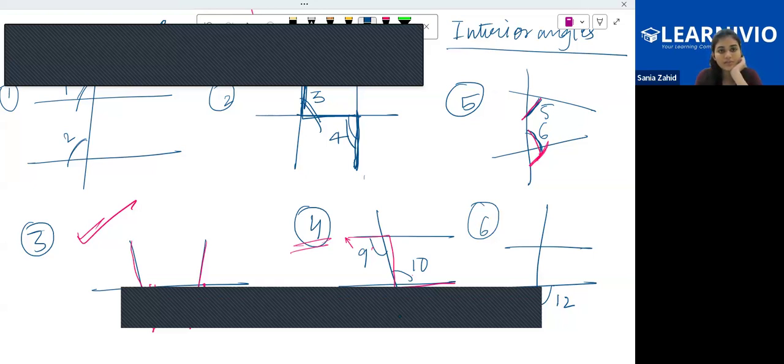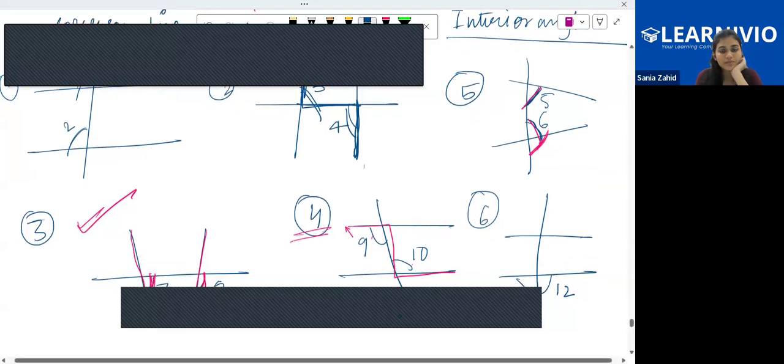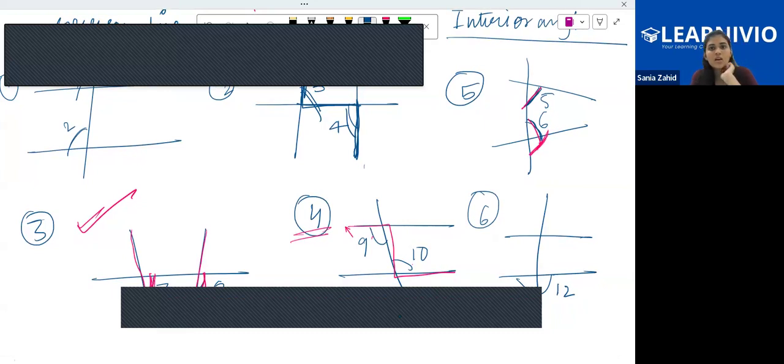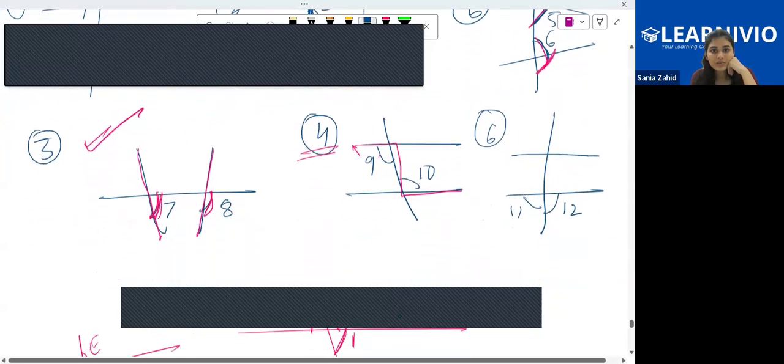Okay. And I can't see the third one. You can't see the third one.